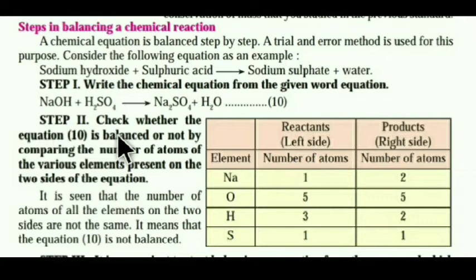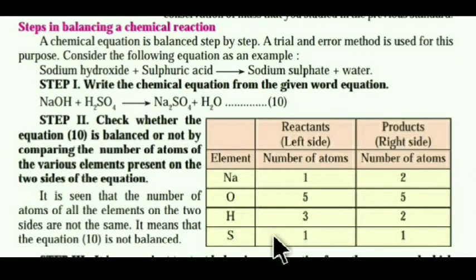Then the second step: check whether equation 10 is balanced or unbalanced by the numbers of atoms of the various elements present on the two sides of the equation, that is on the left side and also on the right side.